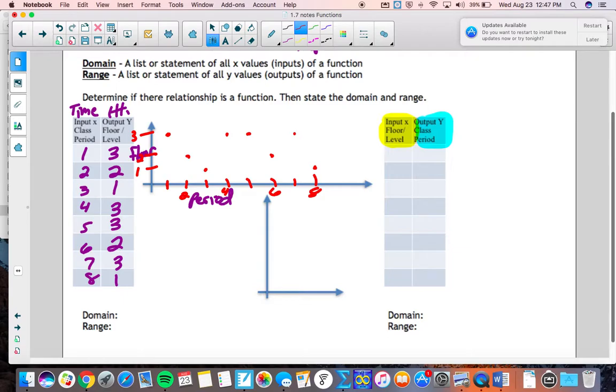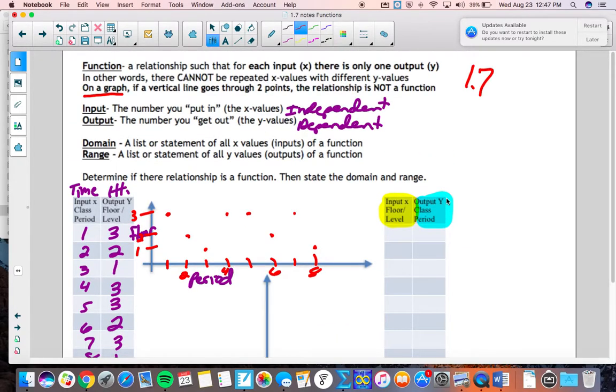If you were to come in late to school for some appointment, and you knew what class period it was, you would know what floor to go on. If we go back up to our definition of function, for each x, again, think of x as your time, for each time there is only one output, or floor, or height.